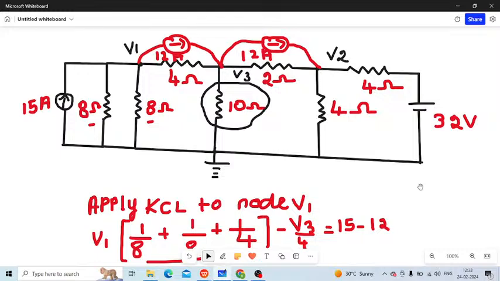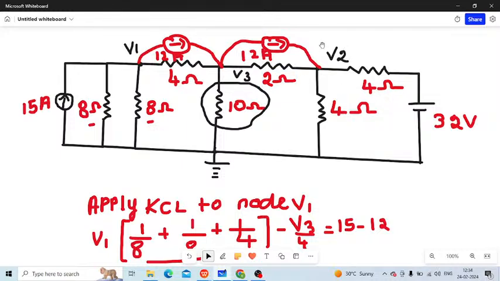If you take with respect to node V2, the very first thing is V2 minus V3 divided by 2, and this is V2 by 4, and this is V2 minus 32 by 4, which is equal to 12.